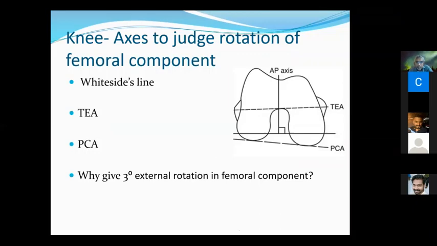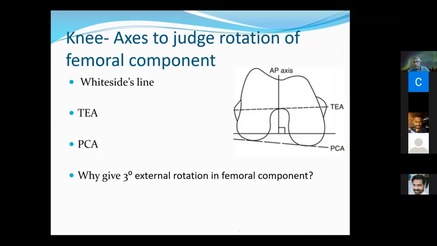Transepicondylar, posterior condylar axis, and that's why you cannot depend entirely on the posterior condylar axis, because that's where you can have a lot of wear, and if you depend entirely on that, you can get your rotation wrong, because your condyle might be worn, say for example, in a medial OA or a lateral OA.